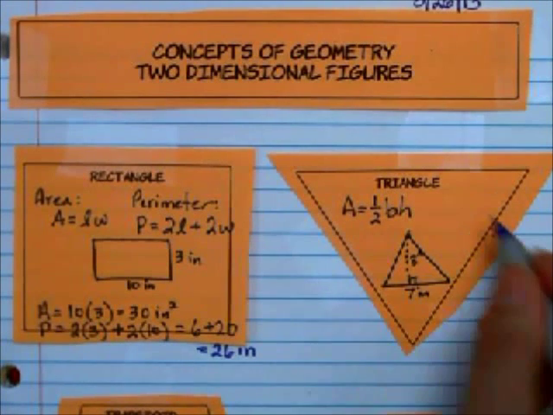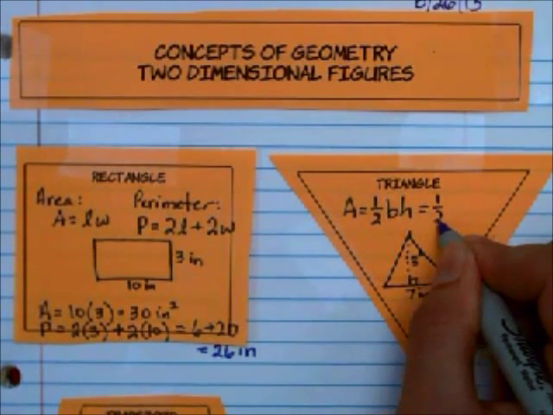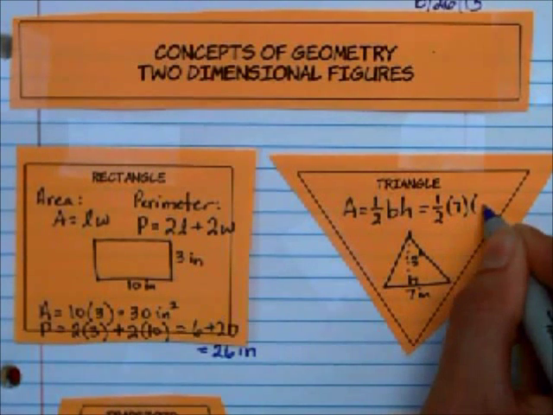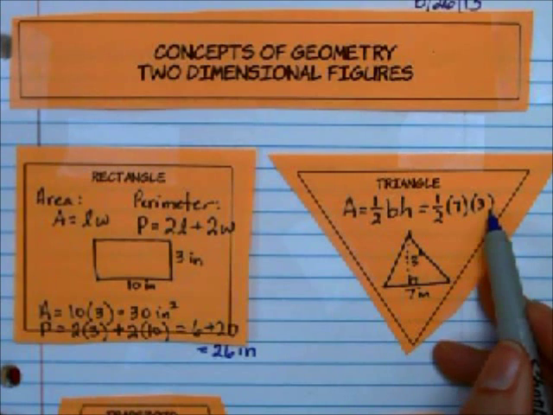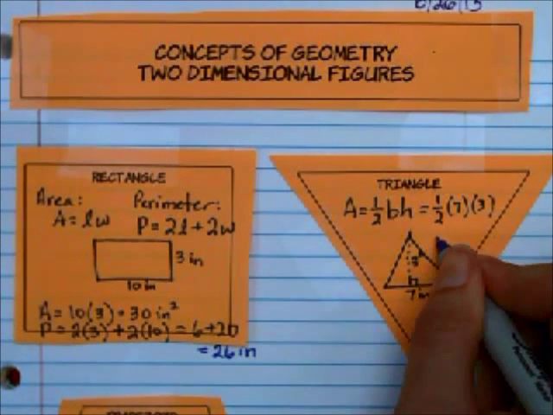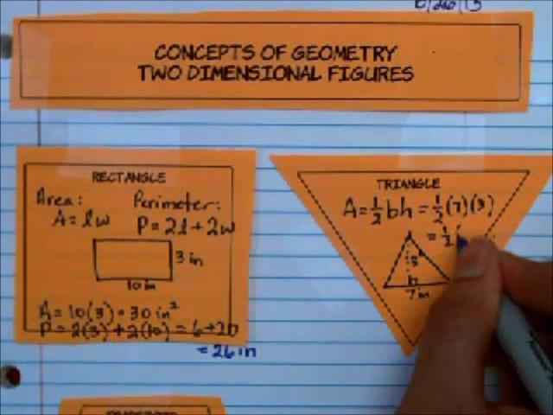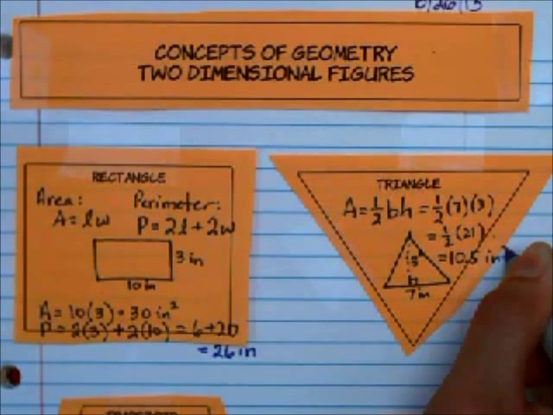So our formula is 1/2 base times height. So we take 1/2 of 21, because 7 times 3 is 21. So we're going to take half of 21, which is 10.5 inches squared.